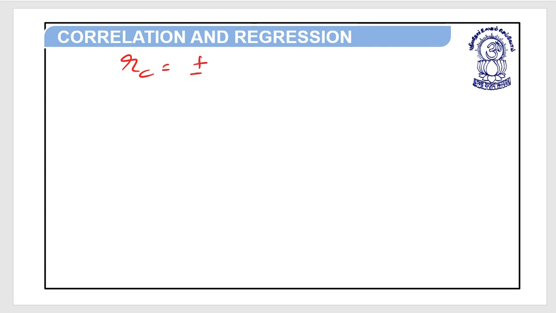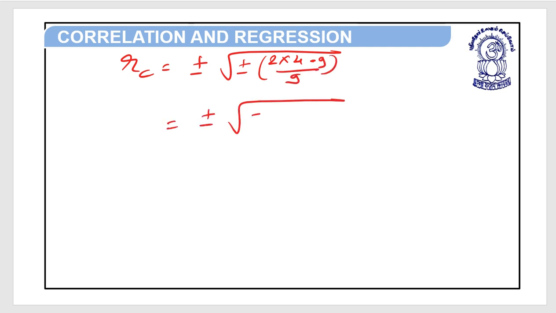RC is equal to plus or minus under root plus or minus 2 into 4 minus 9 by 9, which is plus or minus 8 minus 9, minus 1 by 9.